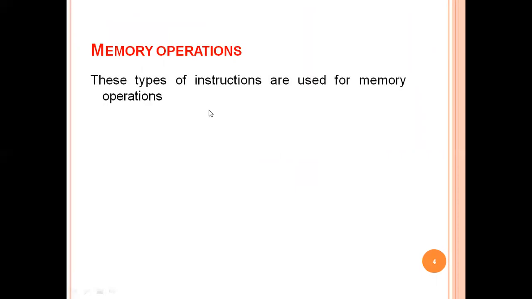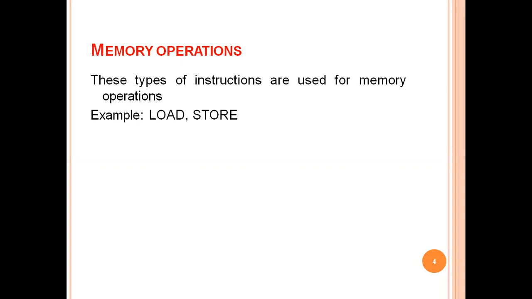Now memory operation. What happens in the memory operation? I have already told you that whenever we want to execute any program, the program has to be stored in the main memory or RAM. But inside the CPU, there is a set of registers, which I have told you are called general purpose registers.